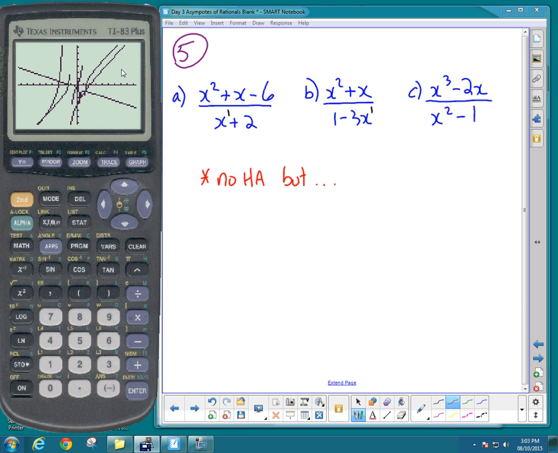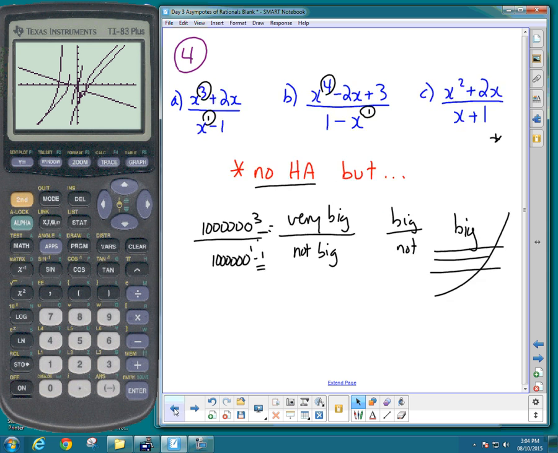So what that means is, if n is greater than m by 1, then we have this oblique asymptote. Okay, and we'll talk more about oblique asymptotes later on.